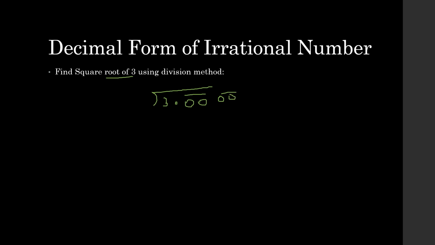If I put 1, 1 one is 1. If I put 2, 2 twos are 4. So 4 will be exceeding that 3, so we'll put 1. So 1 one is 1. And here I will get 2, 3 minus 1 will be 2, and these two zeros will carry here and put a decimal point. Now it is 200.